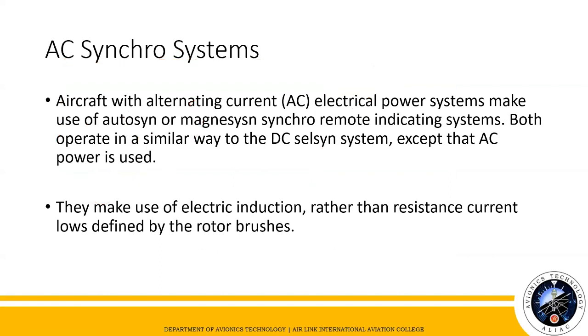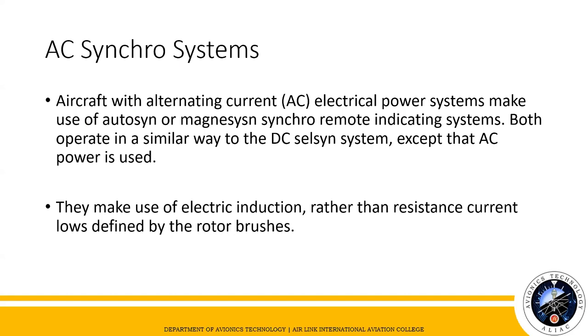So, dito naman tayo kay AC synchro system. So, aircraft with alternating current electrical power system, make use of autosyn or magnesyn synchro remote indicating system. So, katulad lang din siya ng DC synchro system, pero gumagamit lang sila ng AC.